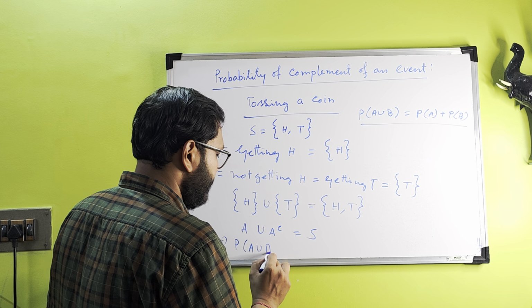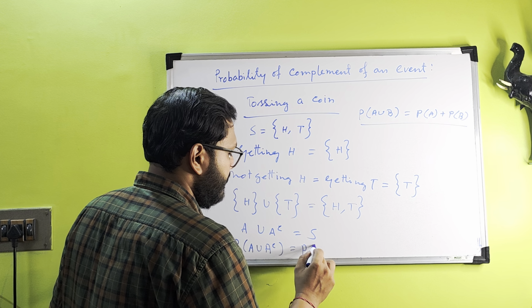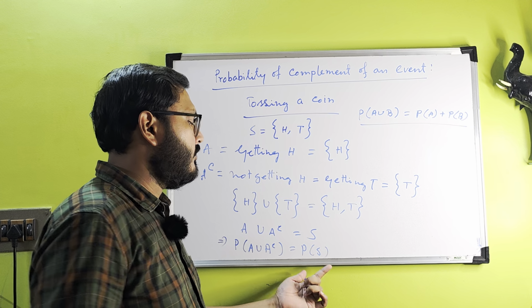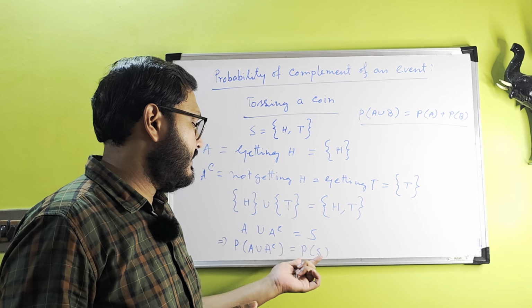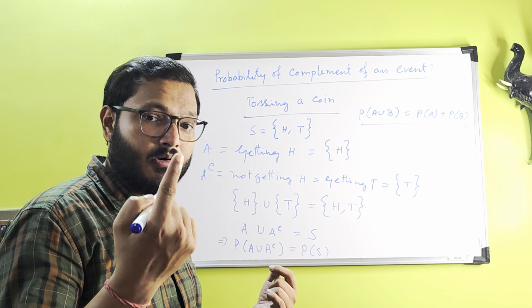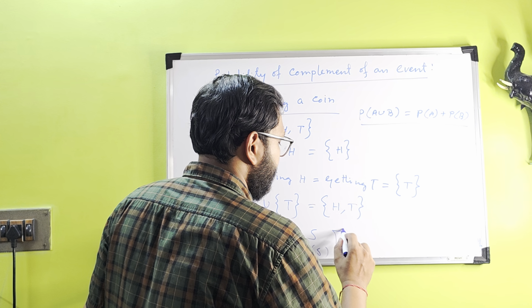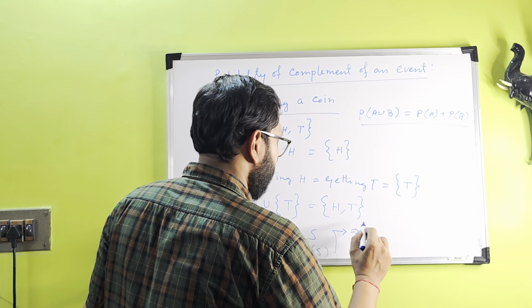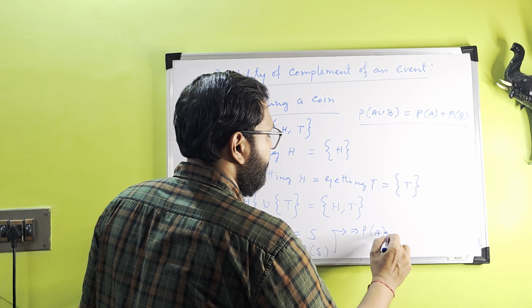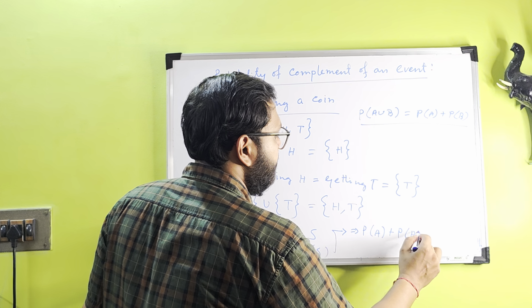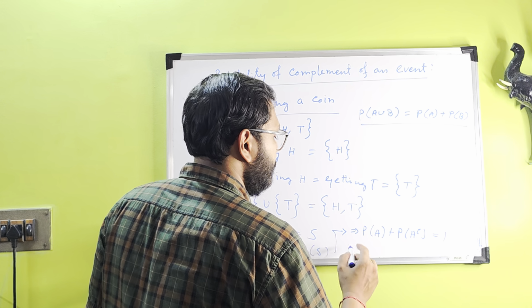So the probability of A union A complement equals the probability of S. The probability of S means it's a sure event, and its probability is 1, as we learned already. So the probability of A plus the probability of A complement is equal to 1.